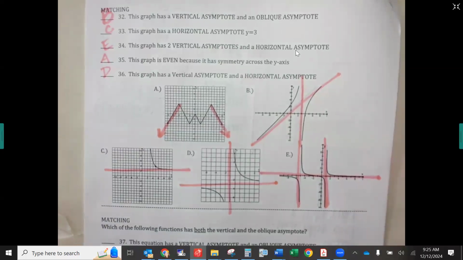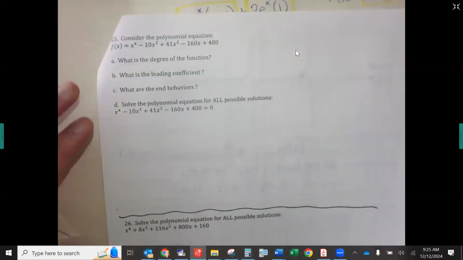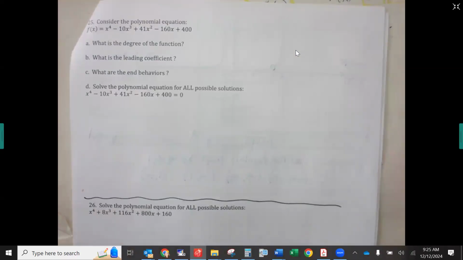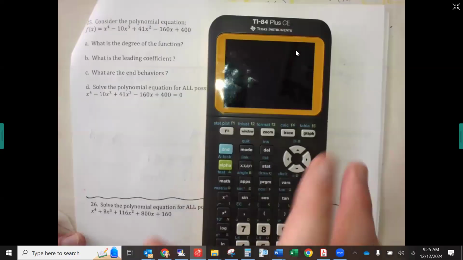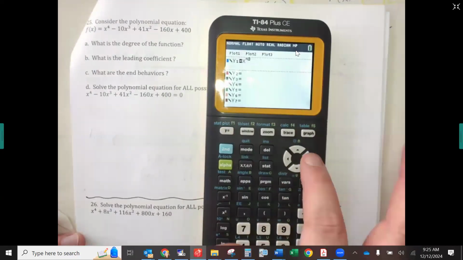All right. Last question we have to do is the one that we skipped. So if you'll go back to this guy right here, number 25. And if you have your calculator, that would be great because you'll need it for this. So I'm going to go ahead and start typing it into y equals. We're going to look at the graph here in a second.